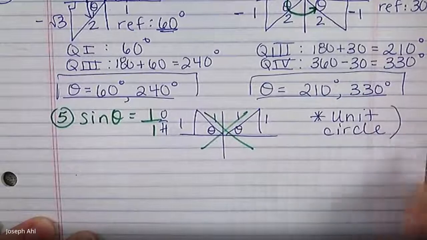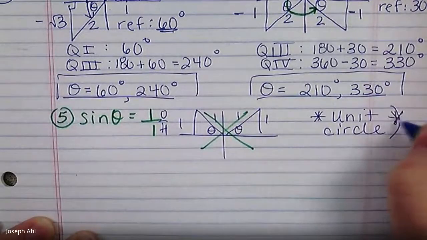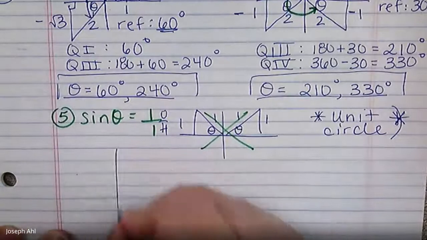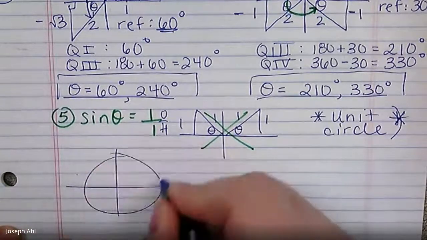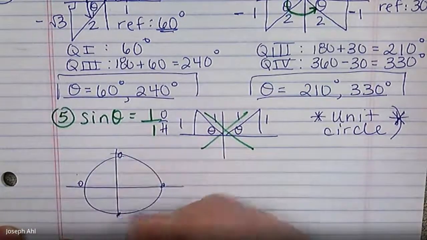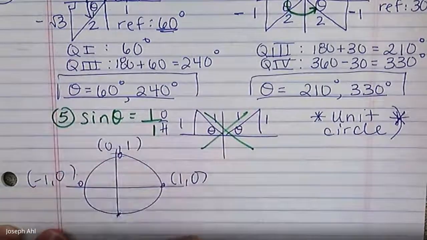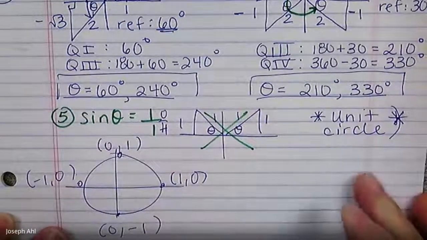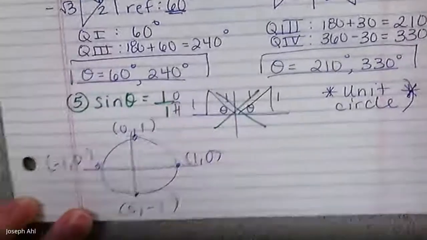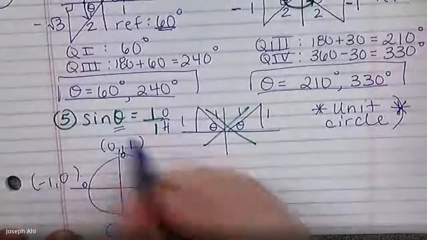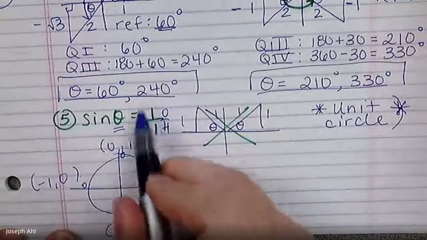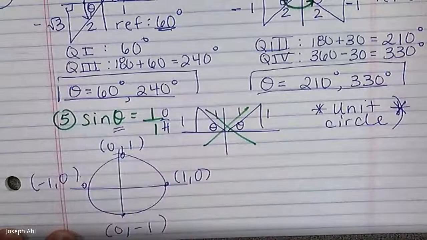Remember that unit circle business? All right, unit circle. Here it is. Here are the 4 points on the unit circle. They are 1, 0, 0, 1, negative 1, 0, and 0, negative 1. Those are the 4 points on the unit circle. Well, I want to know what angle gives me 1 when I do sine of that angle.